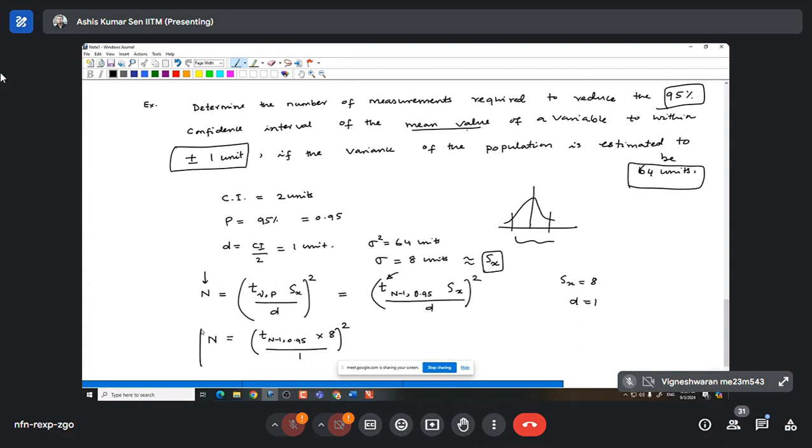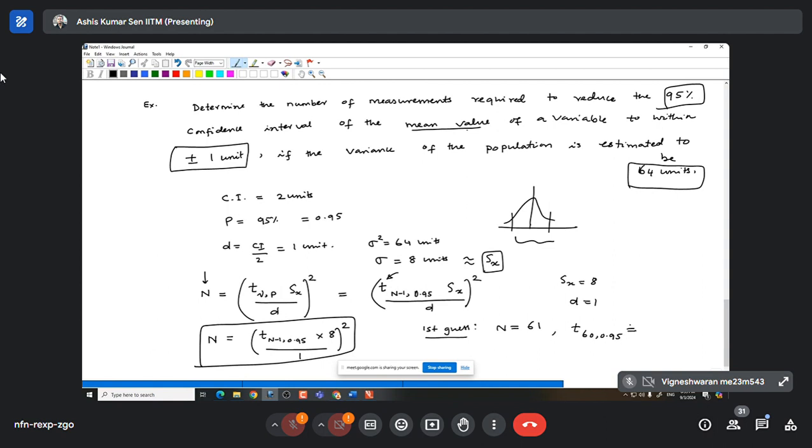Now how do you find n? It is on both sides, right? So you have to do an iteration. This depends on the experience, but let's say my first guess is that my number of measurements is 61. That is my first guess. Then what I do, I find t of n minus 1, that is t of 60, 0.95.